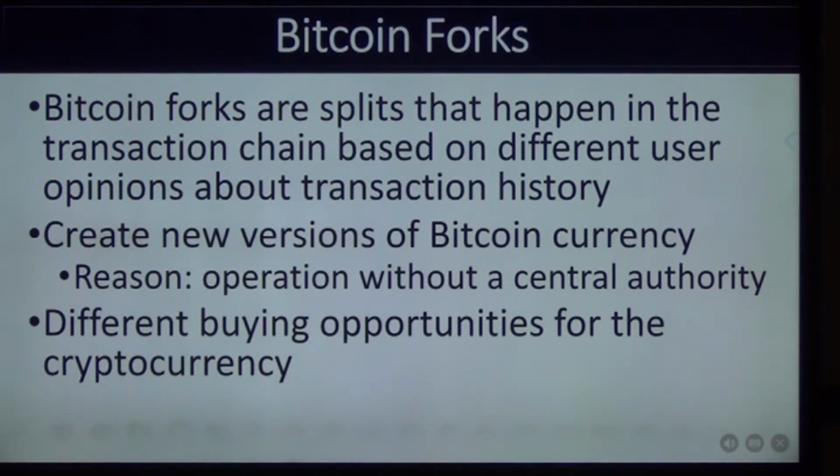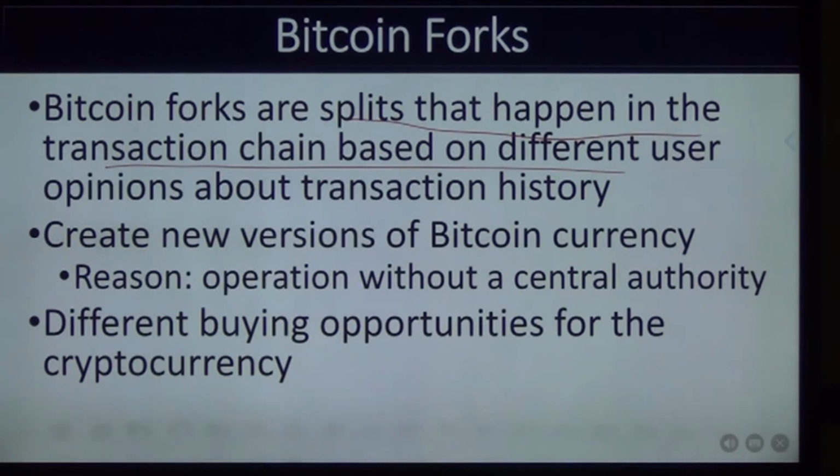So in permissionless blockchain there is this concept of fork. Bitcoin forks are splits that happen in the transaction chain based on different user opinions about the transaction history. If there are 4 people who think differently because they are not talking to each other, they may put in transactions, because everybody is sending transactions, some transactions are dropped and some are not.